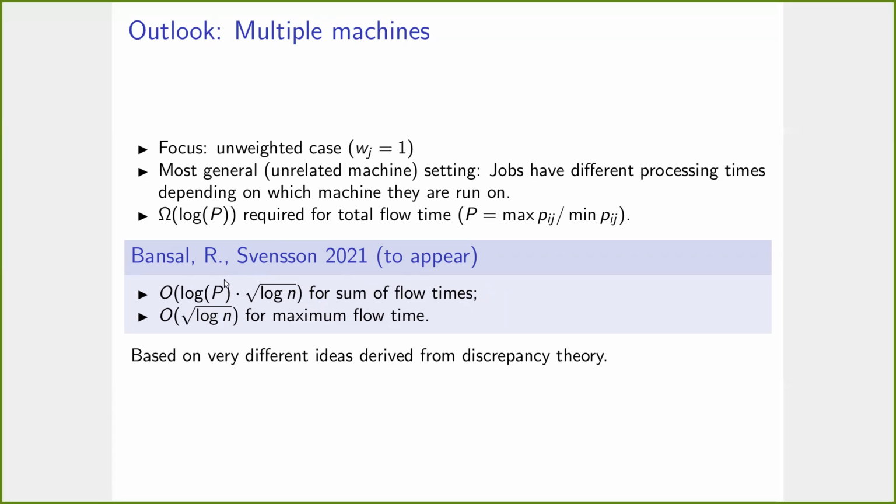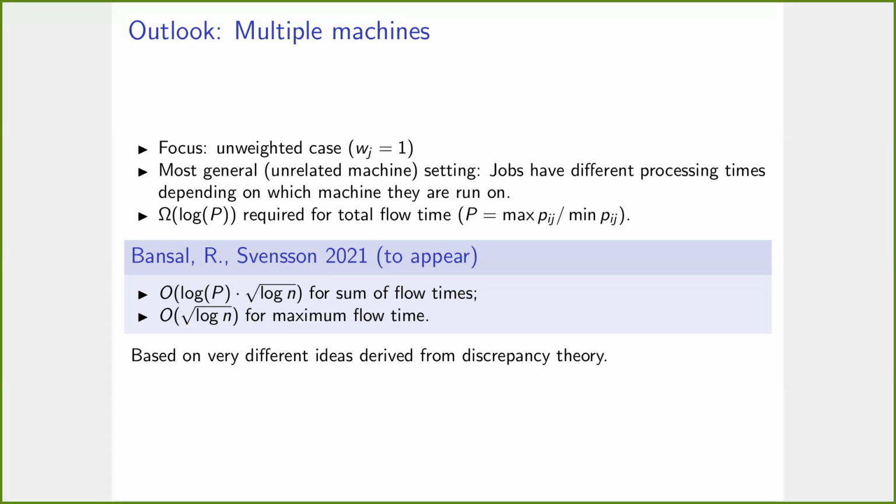Here p is the maximum ratio of the biggest processing time divided by the smallest processing time. And it's also known that you cannot avoid a factor of log p. So this result is already very close to what we can hope for, up to this factor of square root log n.